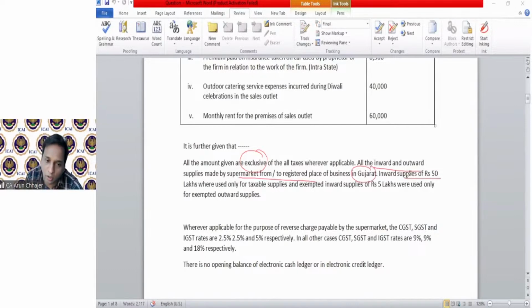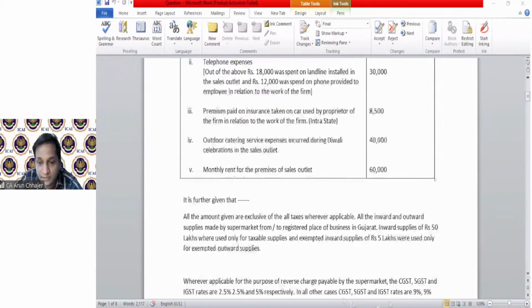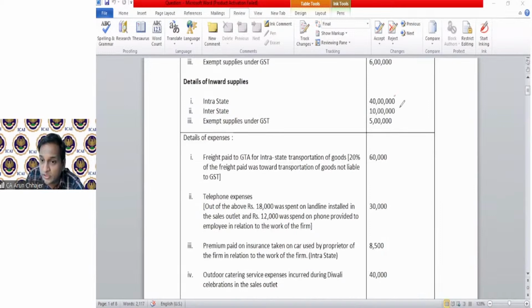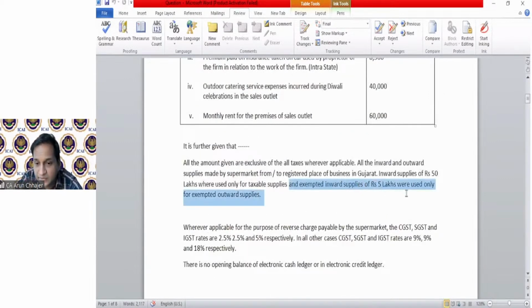Inward supplies of rupees 50 lakh. Go back, go to the top. Inward supply of rupees 50 lakh, 40 plus 10, were used only for taxable supplies. So it means this inward supply is exclusively for taxable supply, and the exempt inward supply of 5 lakh was used only for the exempt supply.